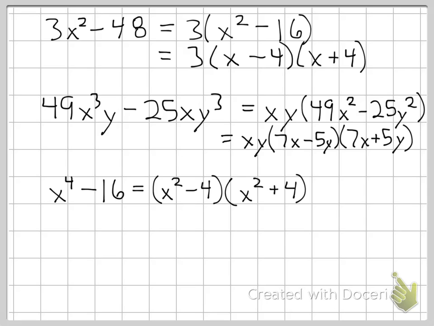Can we keep going? Can I factor both of those terms down? Try again. Can I factor both of these terms down? What's wrong with this one and why I can't factor it?